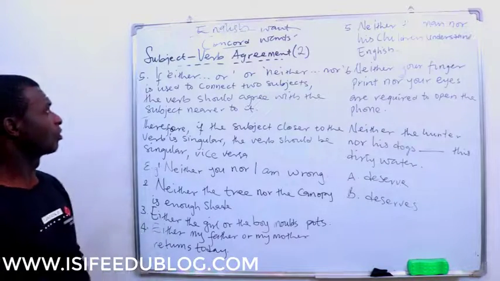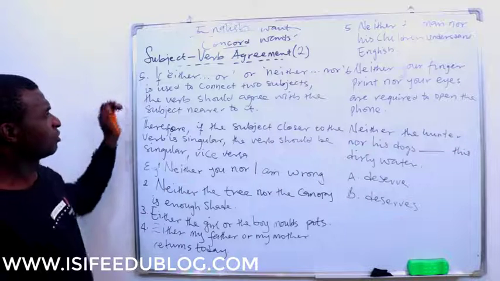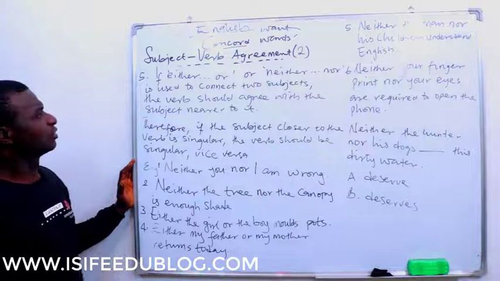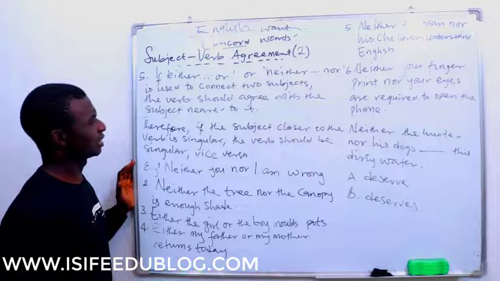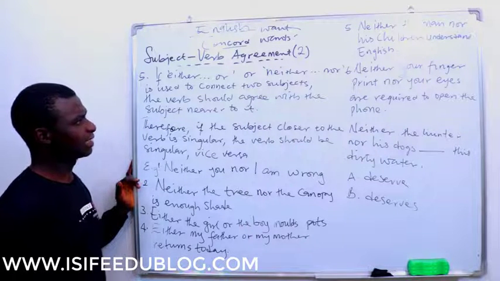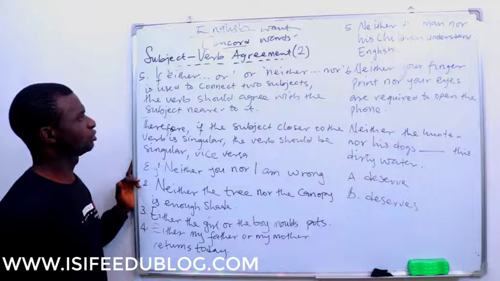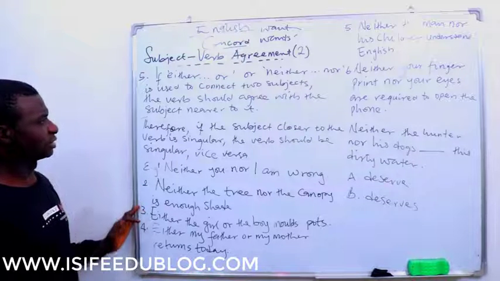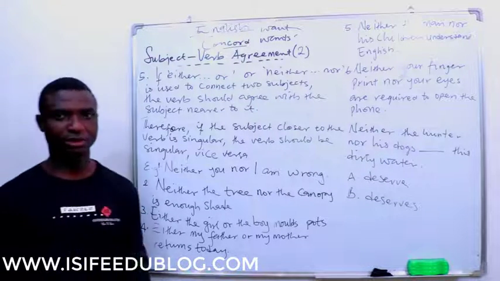Now, rule number 5. We'll look at this. If either...or or neither...nor is used to connect two subjects, the verb should agree with the subject nearer to it.